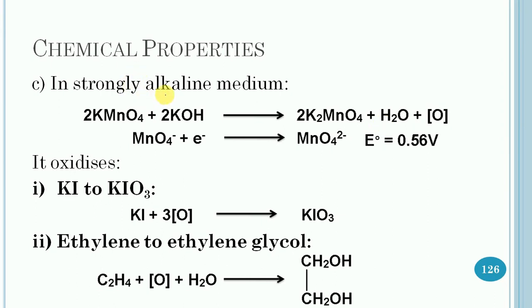Then in strongly alkaline medium, potassium permanganate will generate 1 nascent oxygen, and the number of electrons exchanged is 1. The electrode potential for this reaction is 0.56 volt. So let us consider the various examples of strongly alkaline medium.